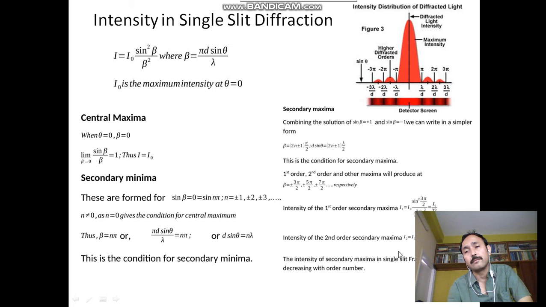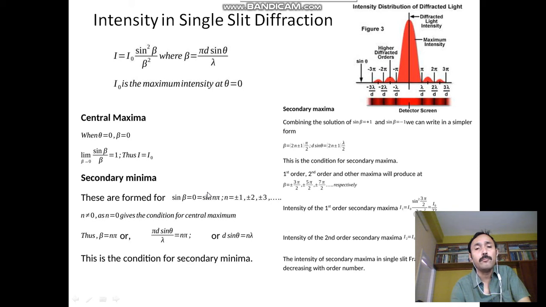For the second order secondary maxima, putting beta equal to 5 pi by 2, I2 becomes I naught by 62. So it is evident that the intensity is decreasing from the central maxima toward the first order and second order maxima. It is decreasing in Fraunhofer single slit diffraction.